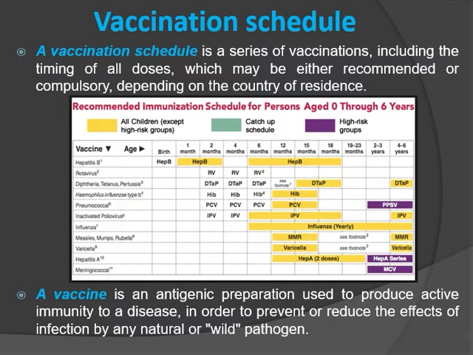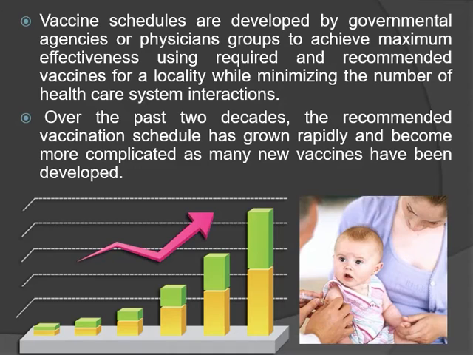Vaccine schedules are developed by governmental agencies or physician groups to achieve maximum effectiveness using required and recommended vaccines for a locality while minimizing the number of healthcare system interactions.